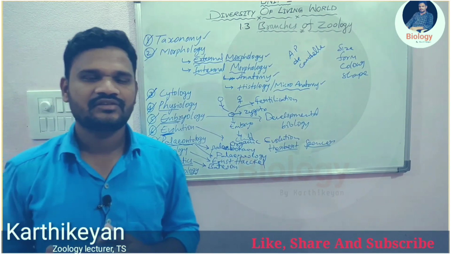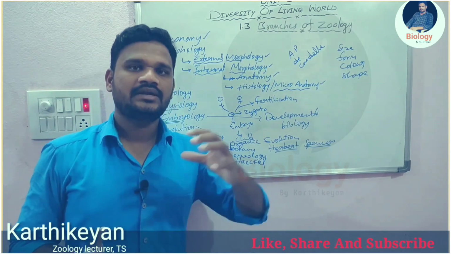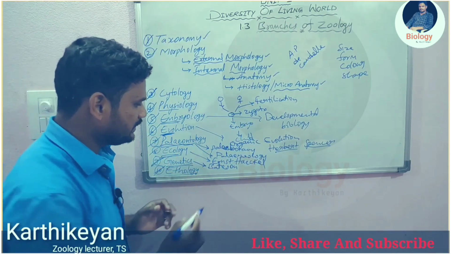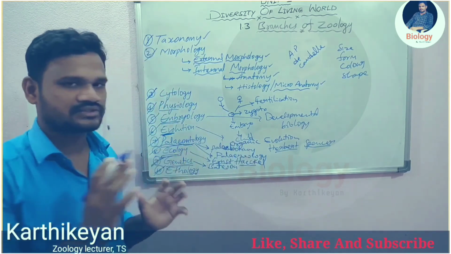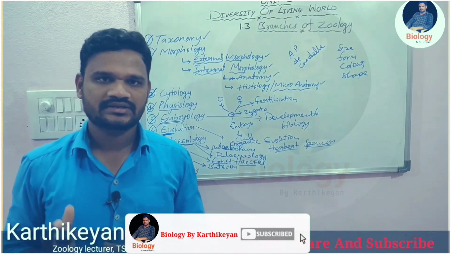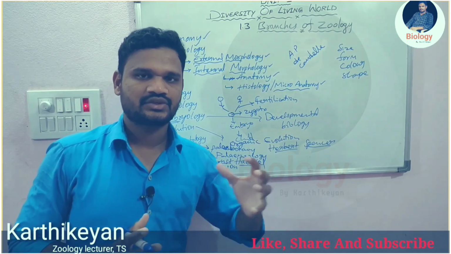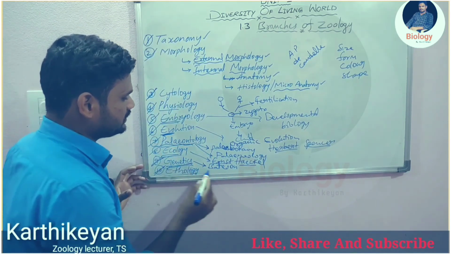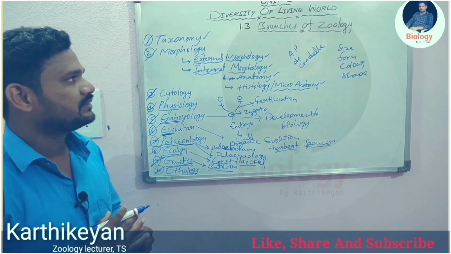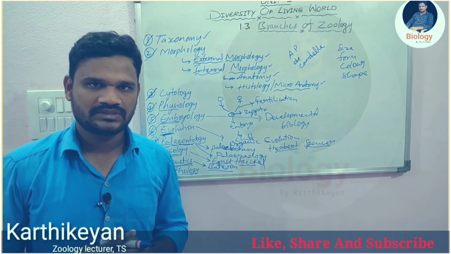Ecology means it is the study of relationship between environment and living organisms, right? This ecology word was coined by Ernest Haeckel. This is also very important. And genetics means it is a study of how the characteristics are transporting from one generation to the next generation. This genetics word was coined by Bateson, right? This is branches of zoology, right?